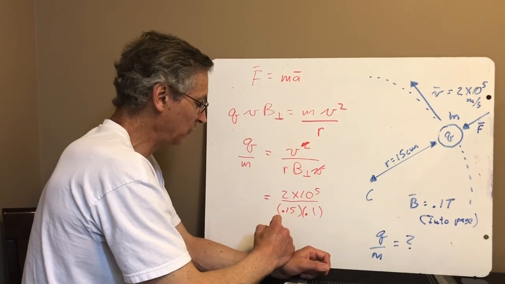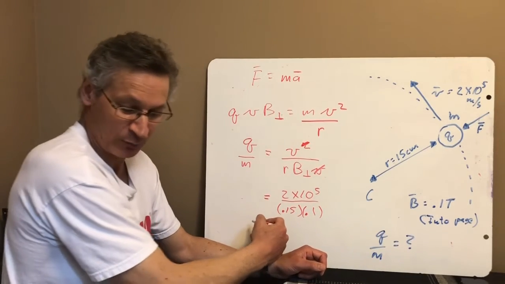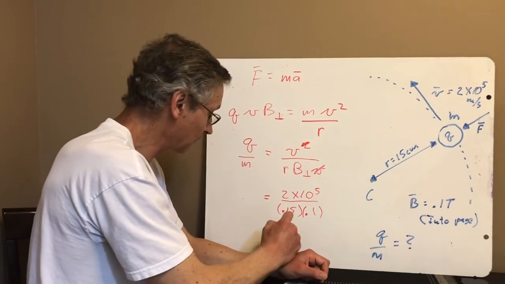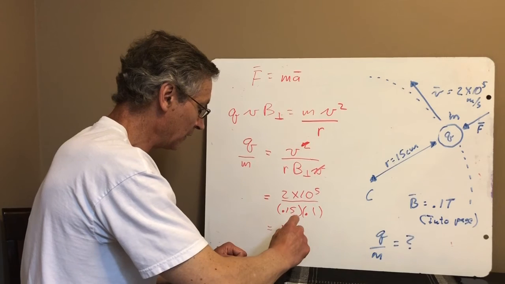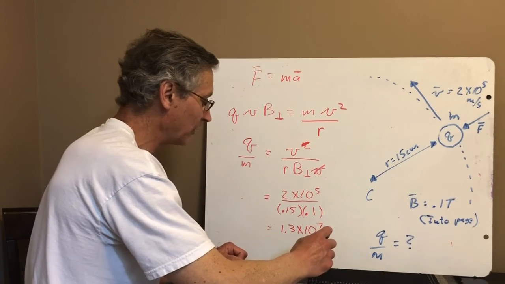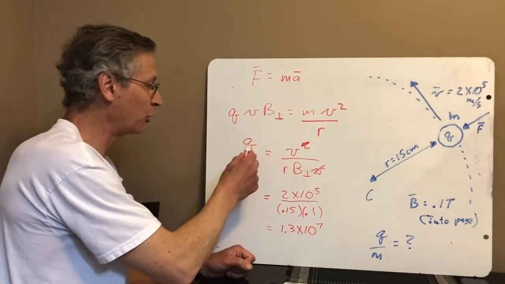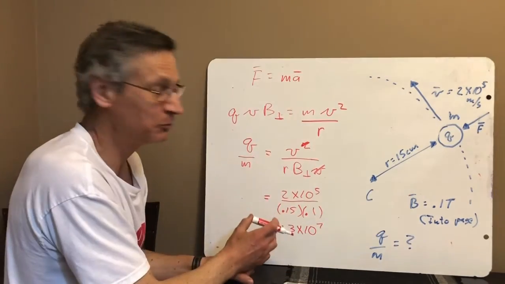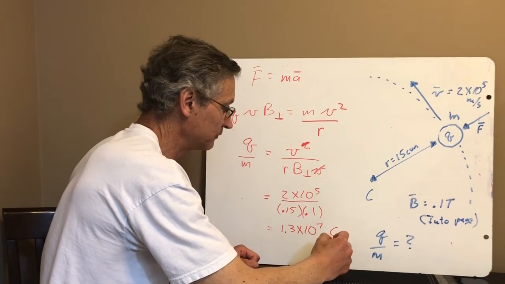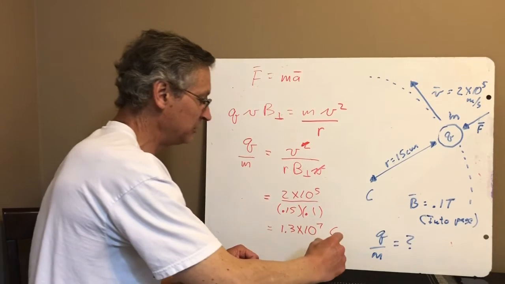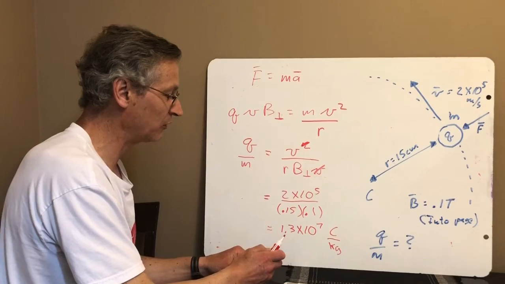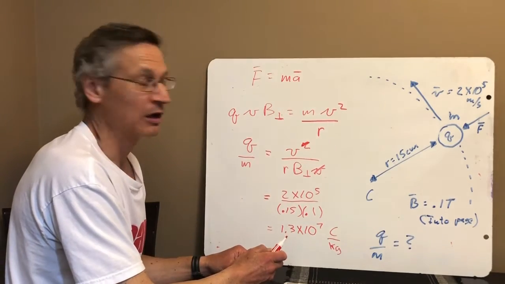So you grind this through your calculator, and I believe you get, I worked it out here, 1.3 times 10 to the 7th units. We're talking charge to mass ratio. Everything else is in base units, so our charge should be in base units, coulombs, and our mass should be in base units, kilograms. There we go, 1.3 times 10 to the 7th coulombs per kilogram.